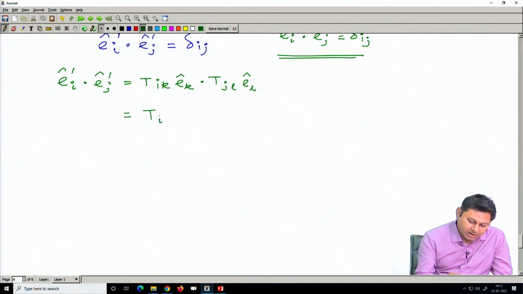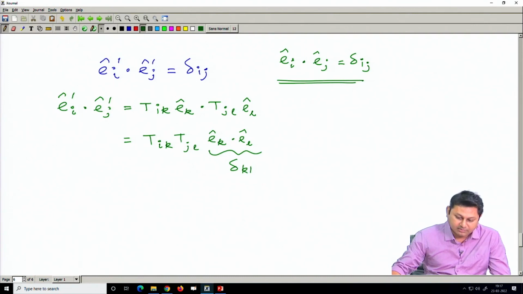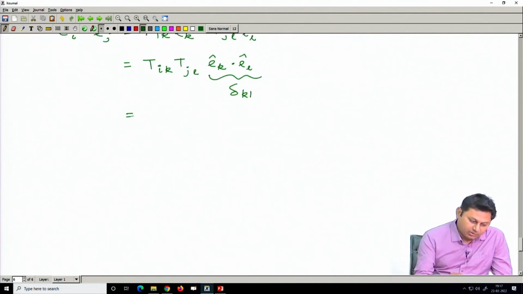I can now write T_ik T_jl and E_k dot E_l. Now this quantity is simply delta_kl because they again form an orthonormal basis. So I simply have T_ik T_jl, two matrix elements multiplied by this delta.